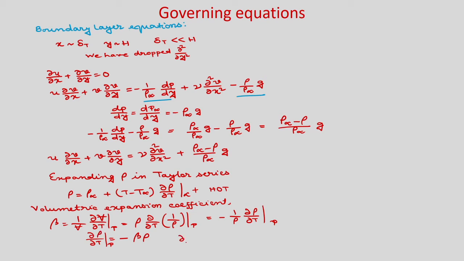Similarly you can write del rho by del T at infinity as minus beta rho infinity. If you invoke this in this equation, you will get rho is equal to rho infinity plus t minus t infinity into minus beta into rho infinity.